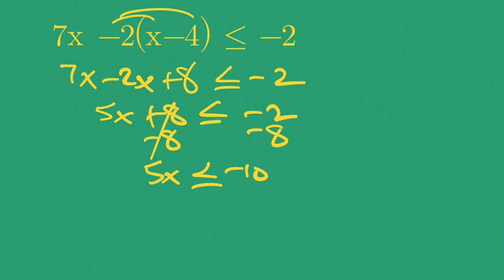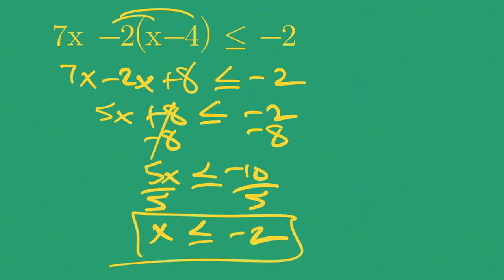And next step, divide by 5. We're dividing with a positive number, therefore the inequality stays the same. Negative 10 divided by 5, negative 2. There we go. X is less than or equal to negative 2.